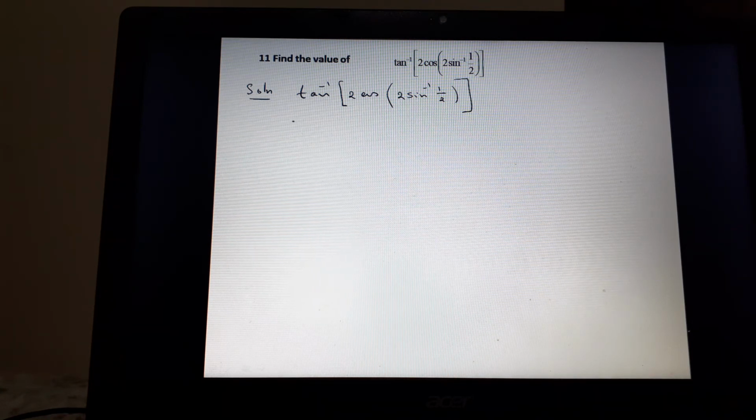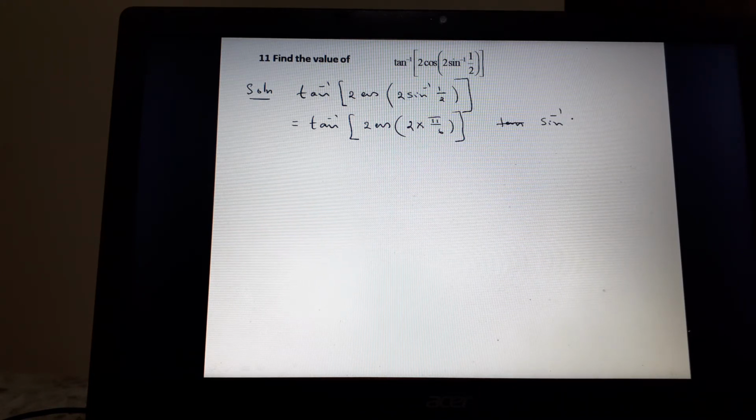So what we have to do is keep on simplifying. This is tan inverse of 2 cos 2 times sine inverse half. What is sine inverse half? Sine 30 is half, therefore it is pi by 6, because sine pi by 6 is half.